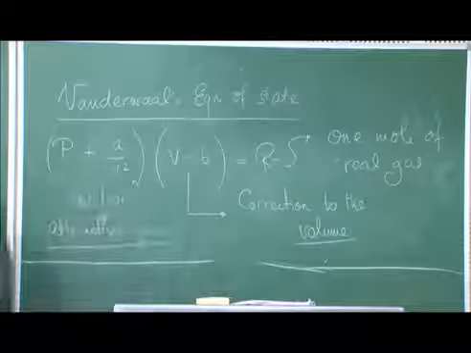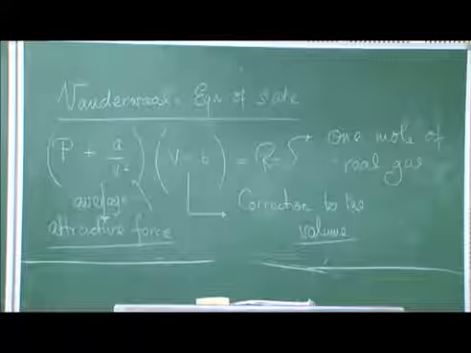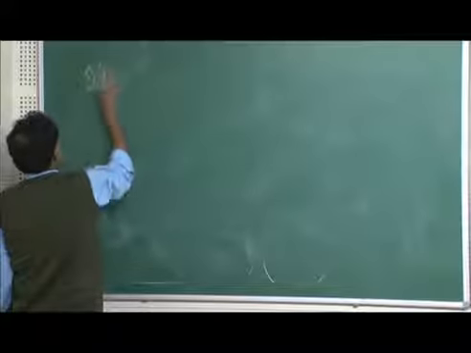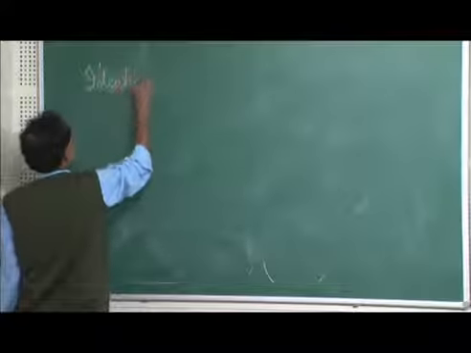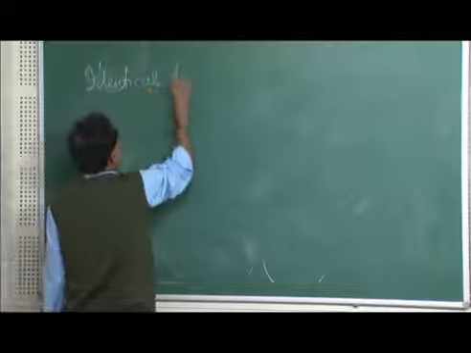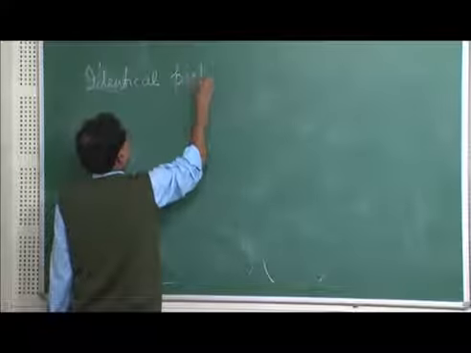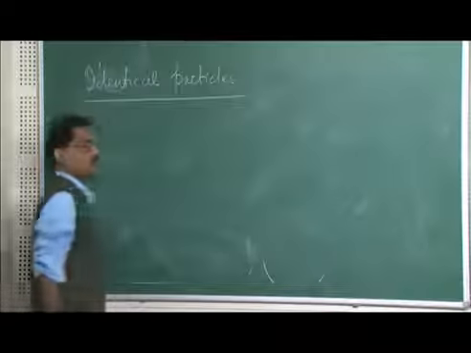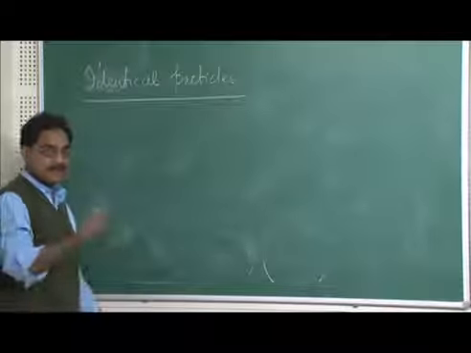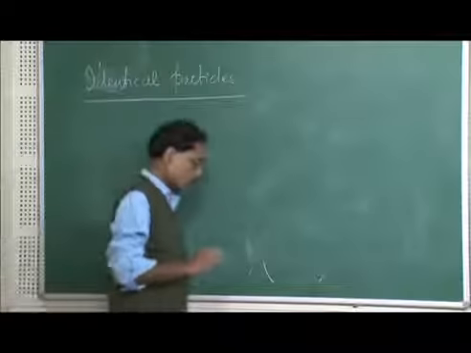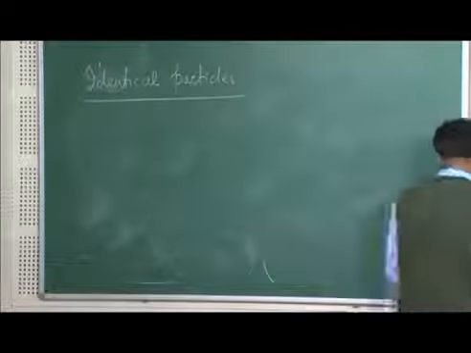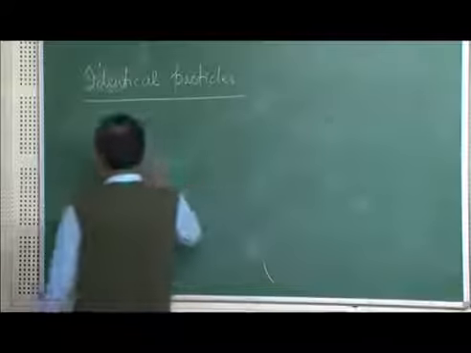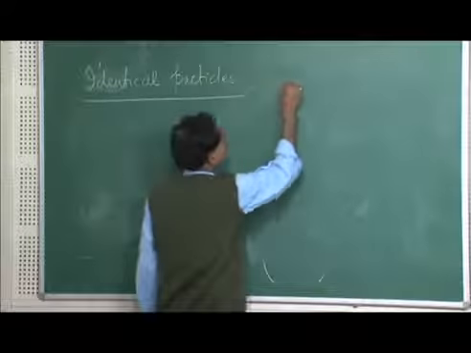Now, let us try to do this in the following way. First, let us assume identical particles. Many times I have repeated, they are hard spheres. These hard spheres are of diameter d. Now, let us take two of them.